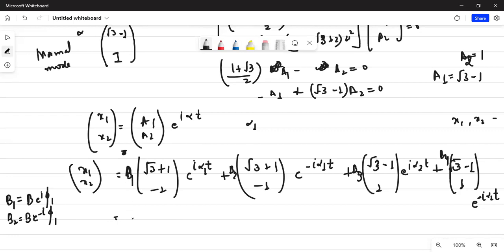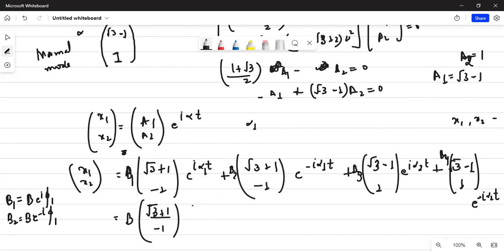If you see the previous lecture also, I just compactified it in the form of root 3 plus 1 and then minus 1, and then you have e^(i(α1t+φ1)) and here we'll get e^(-i(α1t+φ1)). Like instead of b2, you replace with b e^(-iφ1).